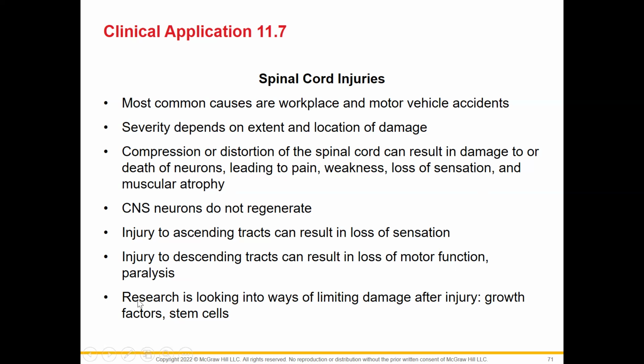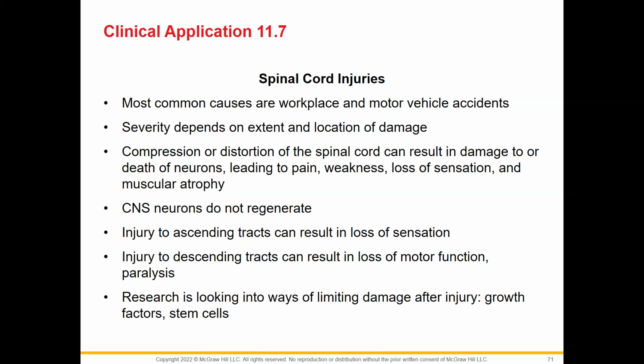Research is looking for ways of limiting the damage after injury, meaning when you have an injury, the process of inflammation will pull fluid into the area with all these other cells that help to try to repair the damage of that tissue.